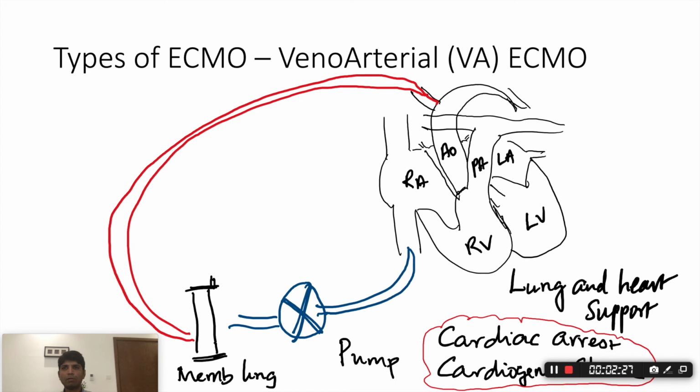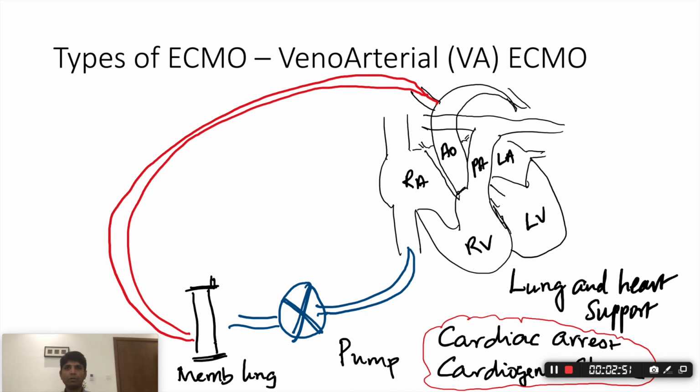The second configuration of ECMO is veno-arterial ECMO. As the name indicates, blood is drawn from one of the great veins or right atrium, passed through the membrane lung for oxygenation and removal of carbon dioxide, and is pumped back into the aorta or one of its major branches.